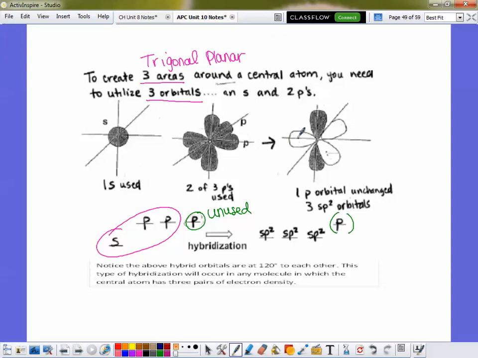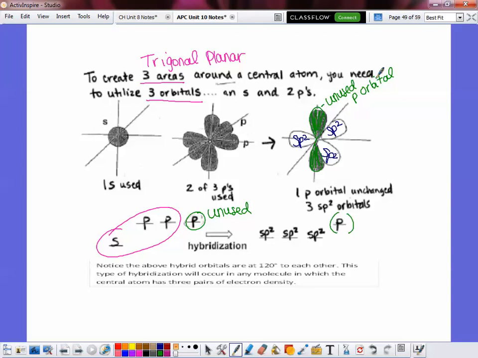What I have in white here are my 3 sp2 hybrid orbitals. And then I have my leftover p orbital that was unused. It's just kind of there in the background. It's not going to be used for bonding, for the most part, though it will when we talk about sigma and pi.